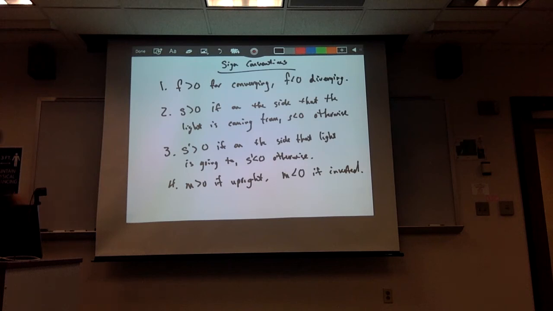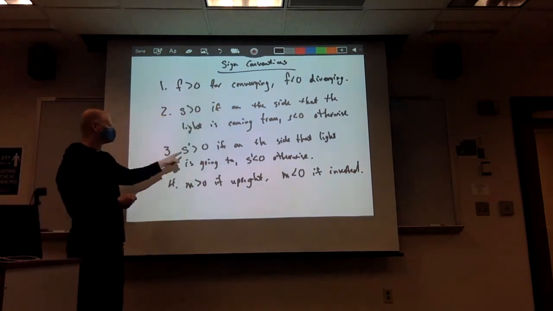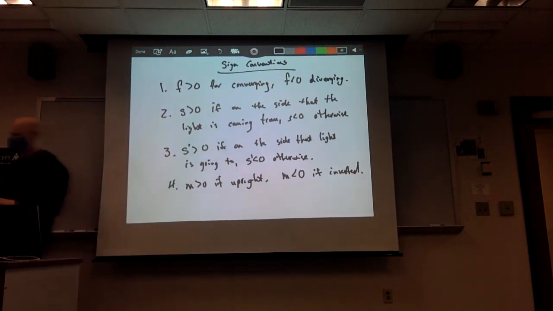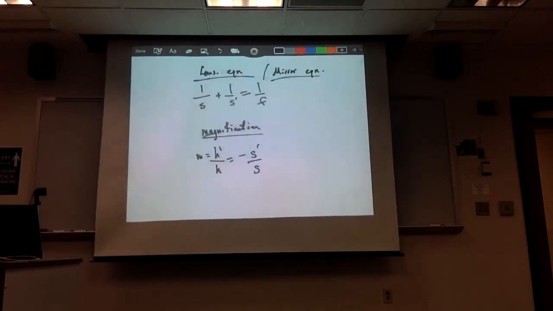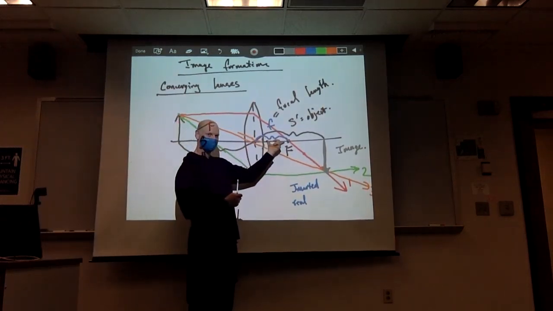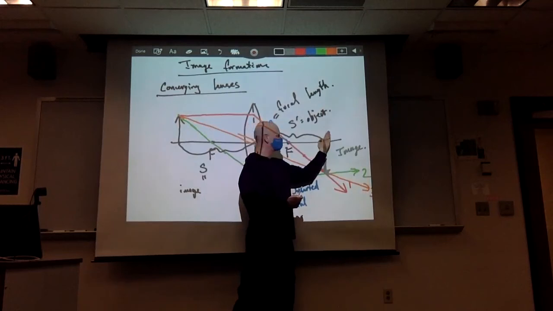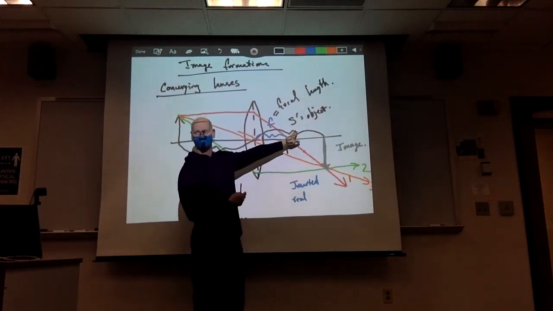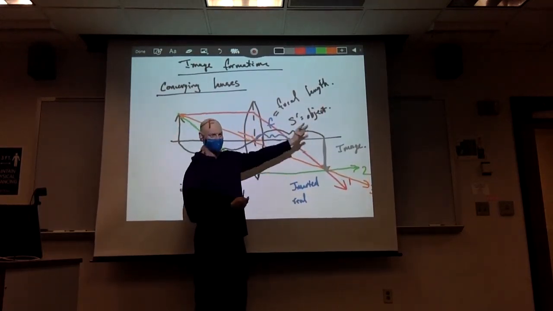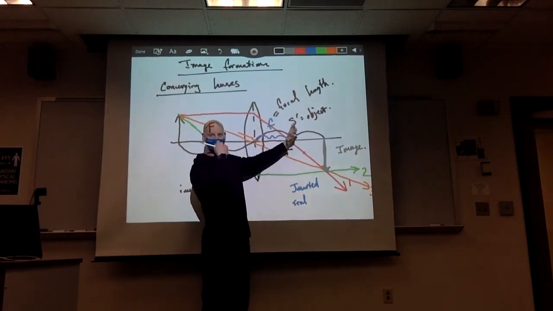So these are the same sign conventions, but things are a little bit different. Here we're talking about lenses instead of mirrors, so this is converging and diverging. The difference is that now we have to pay a little bit more attention to where the light is coming from and going to, which means that in this case, this image distance is positive. The reason is that the light starts here, goes through the lens and keeps moving in this direction, which means it's on the same side to which the light is going. So the light continues to move to the right, and this would be positive, unlike mirrors, where it was negative because it was on the opposite side of the mirror.